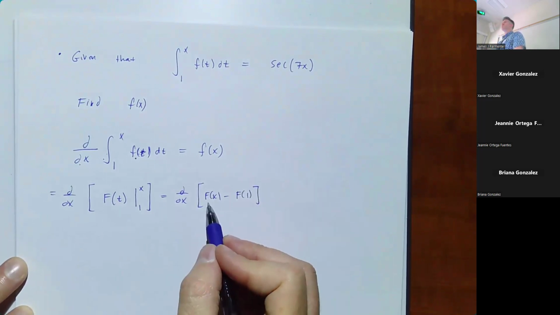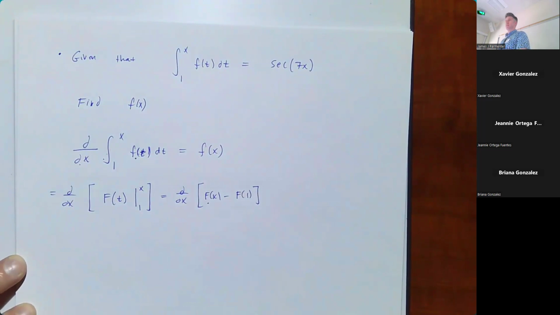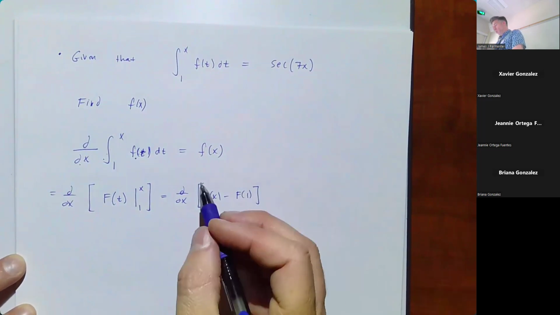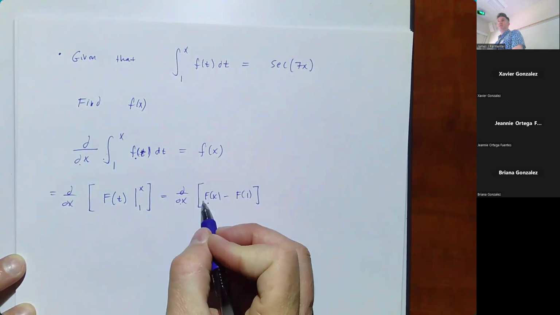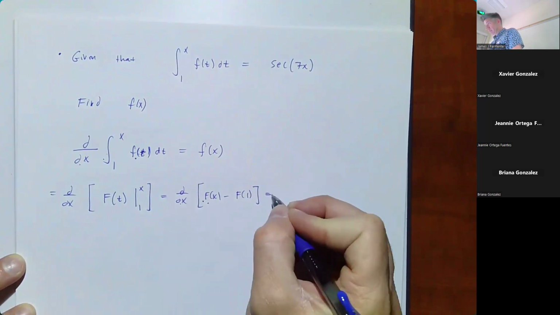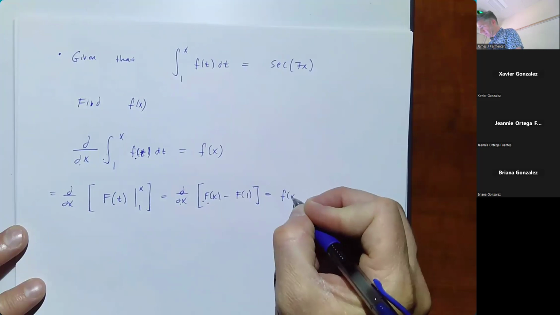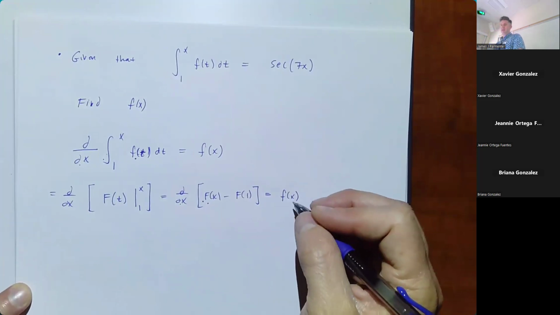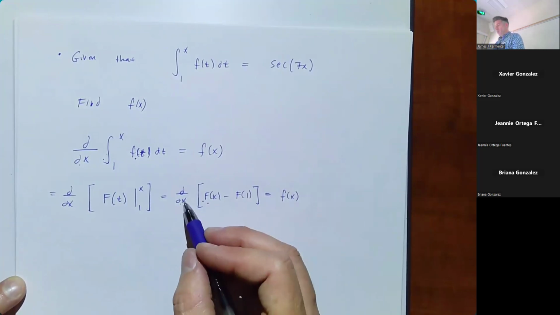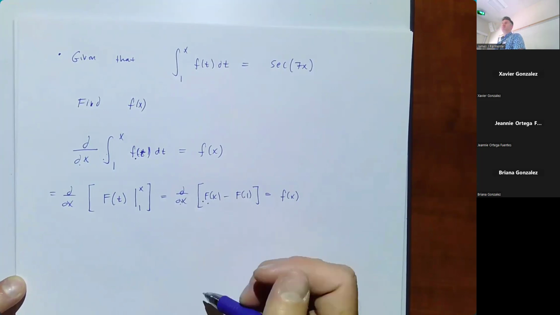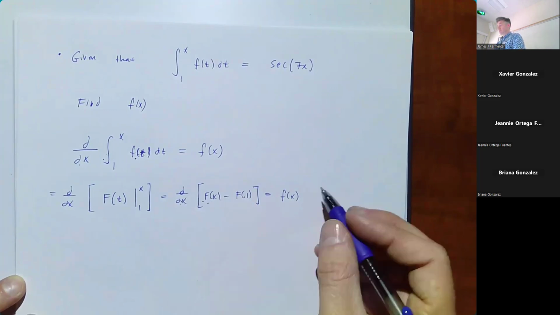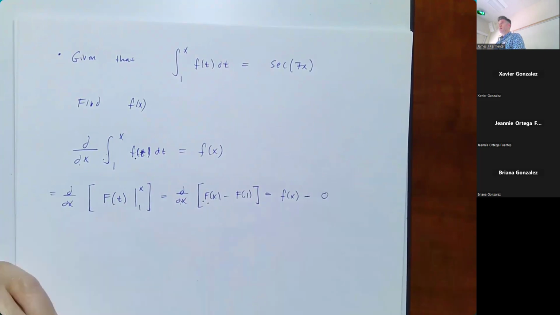Using the usual notation where capital F is the antiderivative of little f, what's the derivative of capital F? It's little f of x. Now the harder part: what's the derivative of capital F of 1? Whatever F was, you plugged in 1, so it's a constant, and the derivative of that constant is 0.